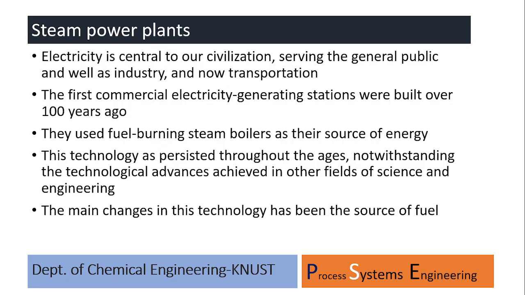Now, I don't want us to spend too much time on the history, but we'll just brush over it. So we know that electricity is important, and there was a point where we were using fuel. We burn fuel so that we can use it to generate steam, and that became a source of energy. So this was something that had been there for a very, very long time.